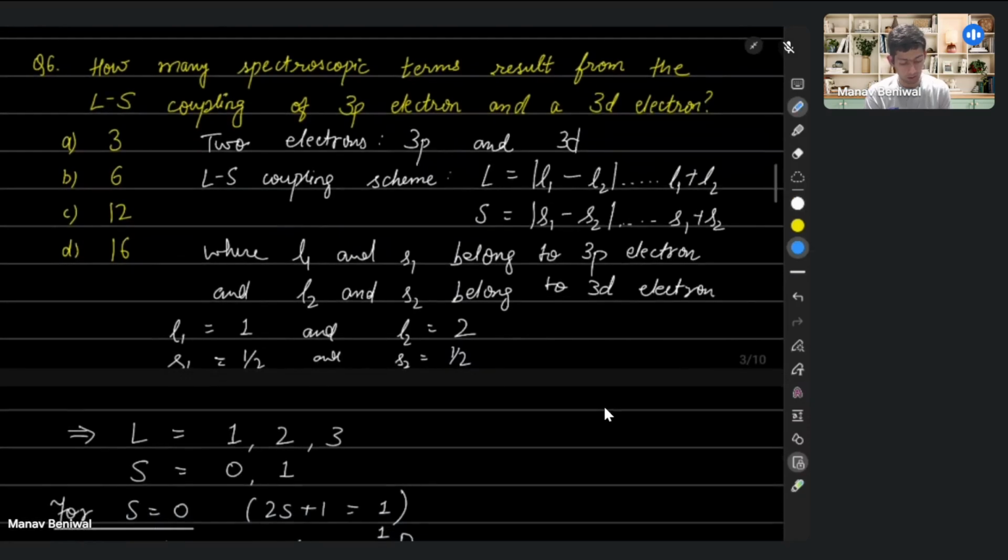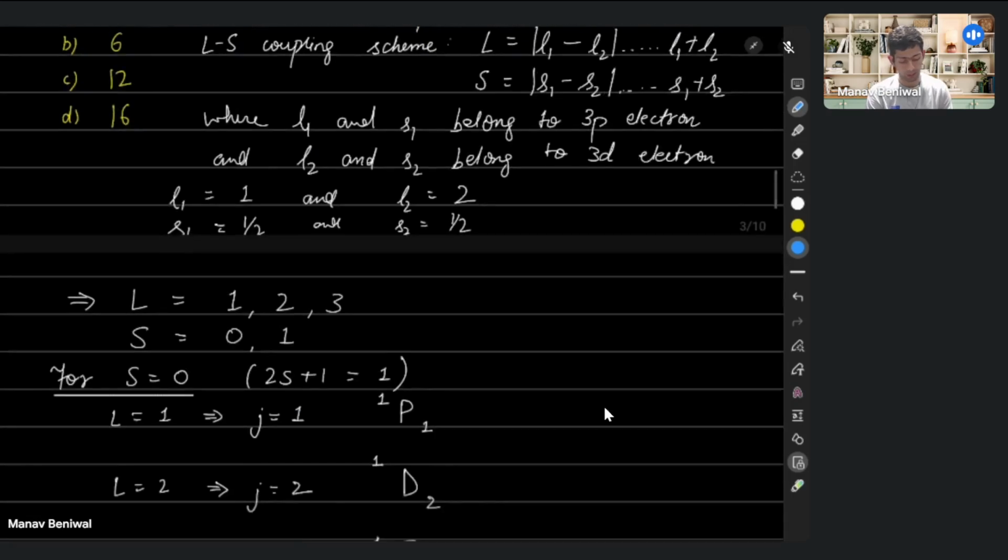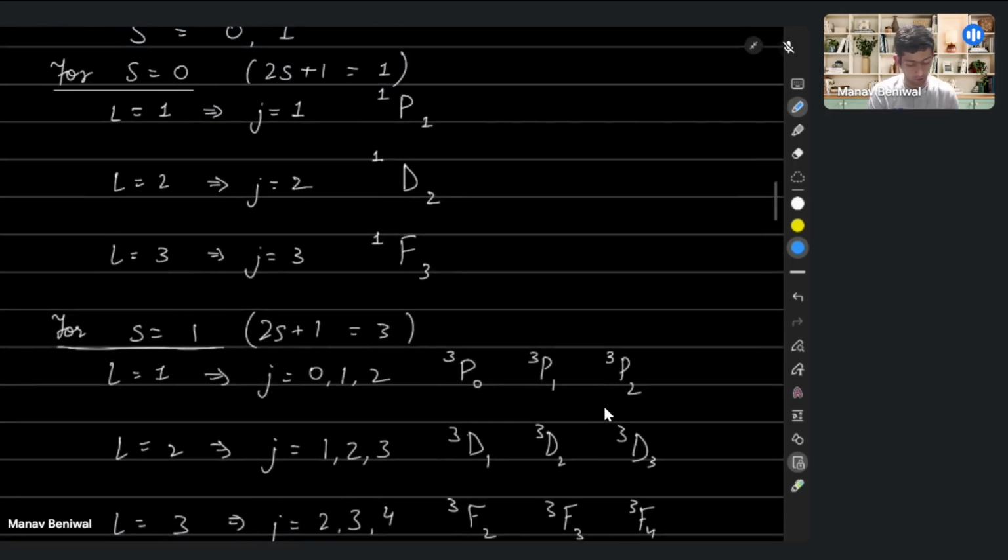If we now go back to the problem, it asks how many spectroscopic terms result from the LS coupling of a 3p electron and a 3d electron. If we count, this is 1, 2, 3, then 4, 5, 6, 7, 8, 9, 10, 11, 12.